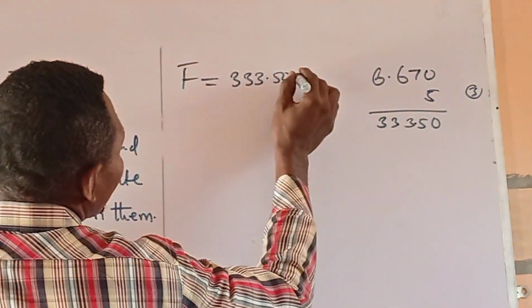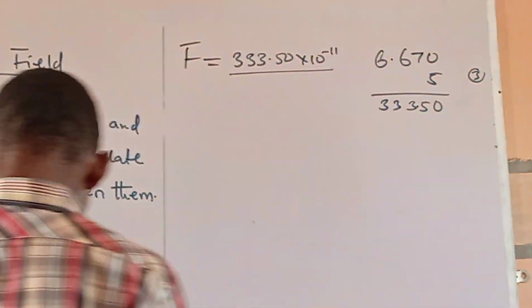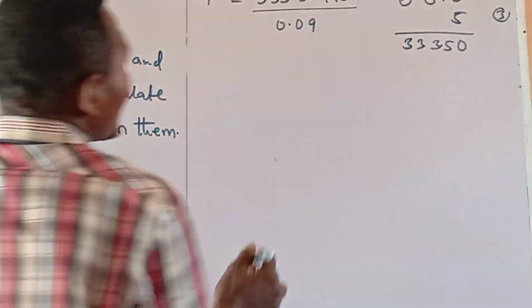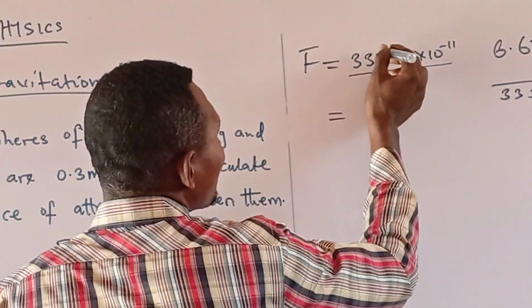So it means that our F is equal to 333.50 times 10 to the power minus 11 all divided by 0.09. Now we can write all of them in standard form. By writing in standard form, the decimal will move 1, 2.